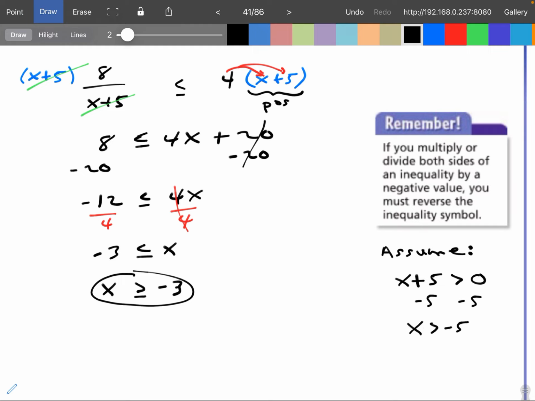I subtract 5 on both sides, and I get x is greater than negative 5. Okay, so now, when I solve this first case, I guess I could call this case number 1, if you want to think of it that way. Case number 1, we assume that the quantity x plus 5 was positive, or greater than 0.